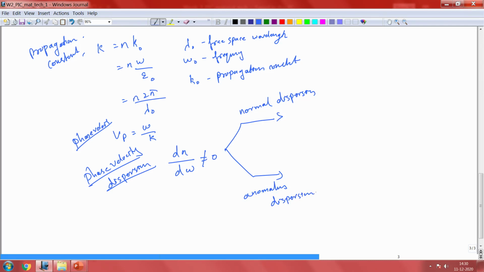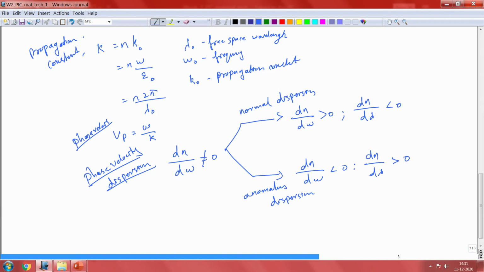In normal dispersion, d n over d omega is positive, and in anomalous dispersion d n over d omega is negative. In other words, d n over d lambda is negative for normal and positive for anomalous.